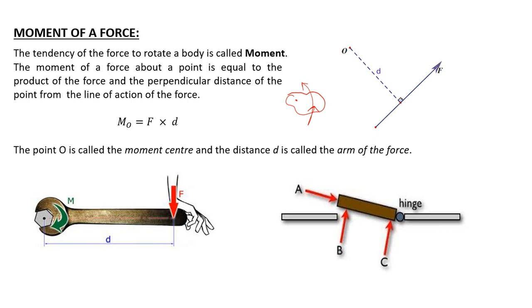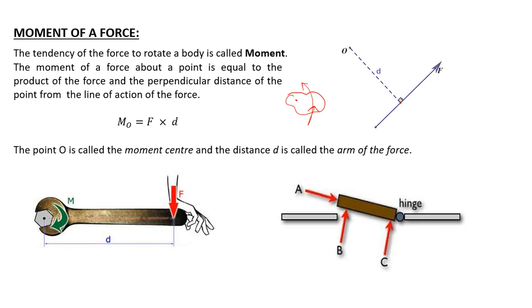If this is the point about which a body is to be rotated, and this is the line of action of the force, separated from this point by a distance d, then mathematically the moment of this force about point O will be given by F into d, where d is the perpendicular distance between the line of action of the force and the point O.